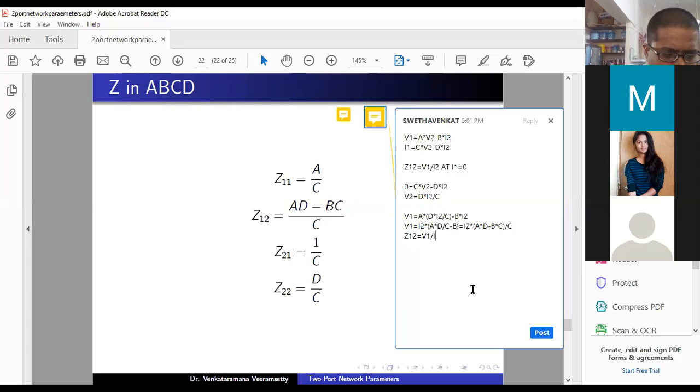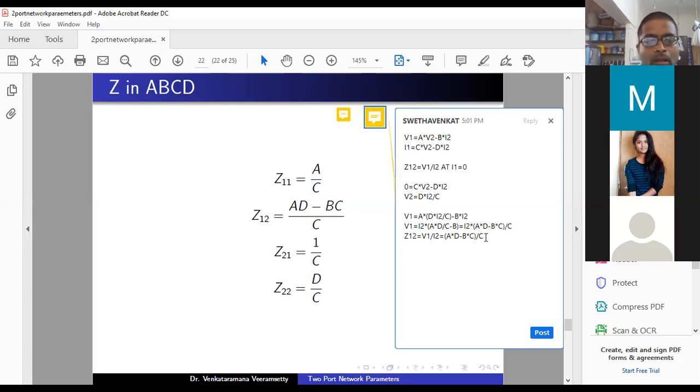So V1 by I2 equals this expression. Finally, Z12 equals A into D minus B into C divided by C. That is how we find the Z12 expression in terms of the ABCD parameters.